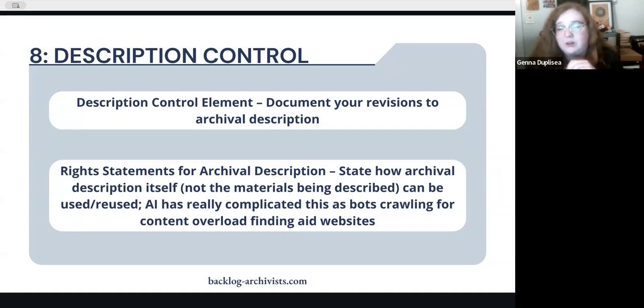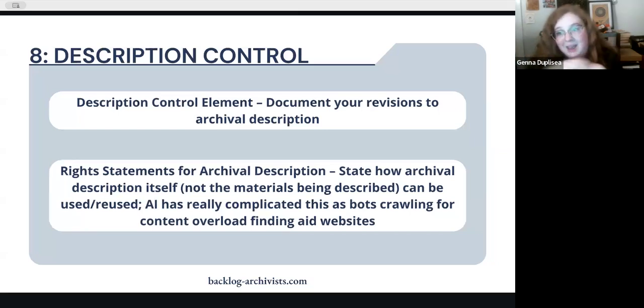Just a personal anecdote. My institution contributes EAD finding aids to an aggregator, so you can search across something like 40 repositories within the state to see the finding aids for all of our collections. And the site has not been working because so many AI bots are crawling the description to train their language models.